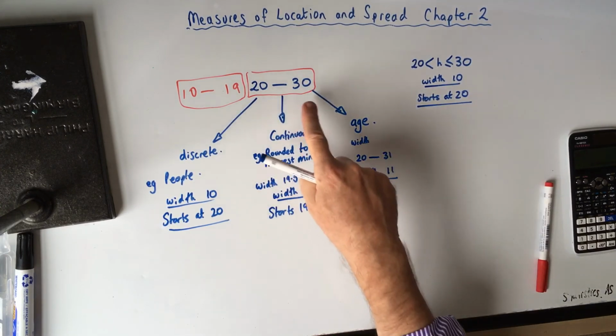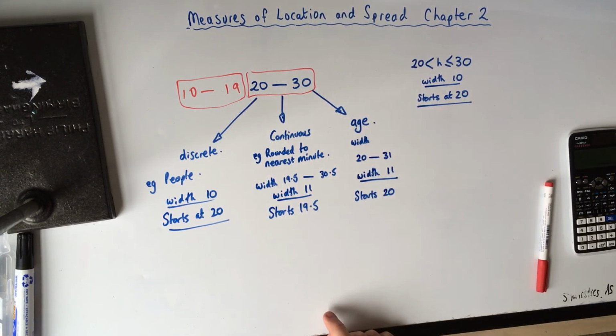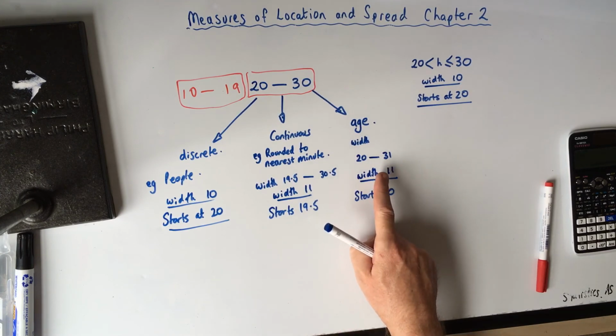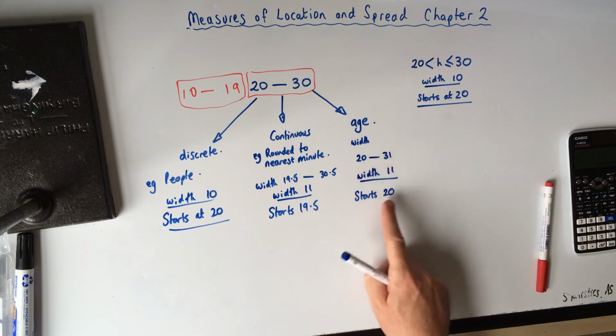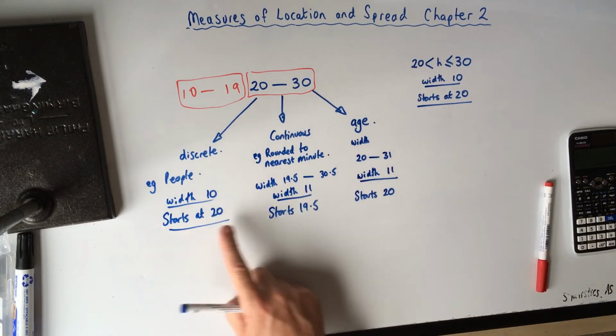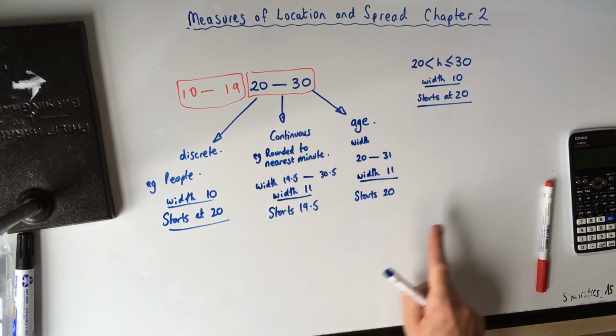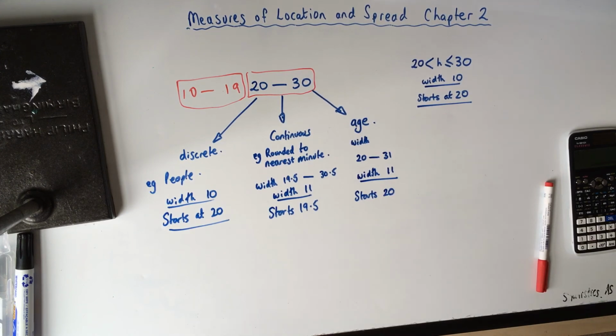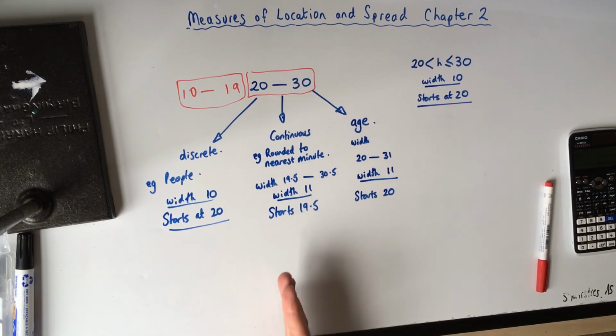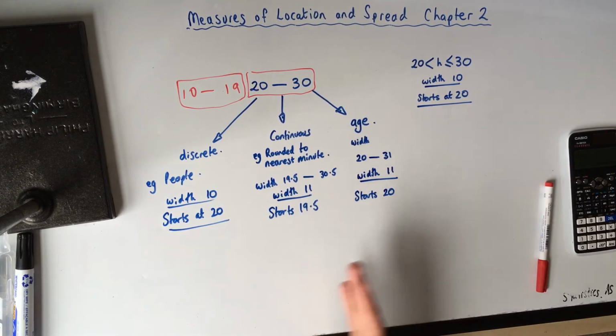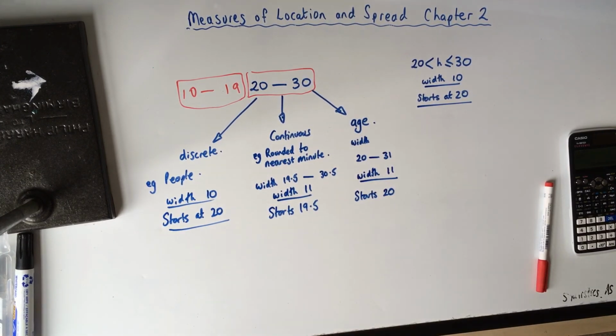So if they say this is to do with age, then the parameters of that particular class are different to this one and different to this one. All three of those are different, so you have to be careful. You have to interpret the question and decide what is sensible for the starting and finishing point, because we need to start splitting these class widths up.